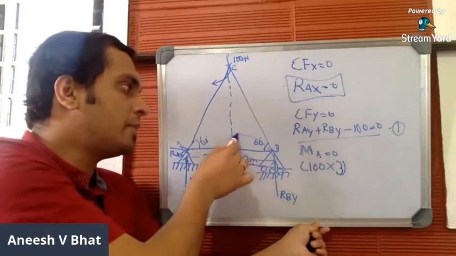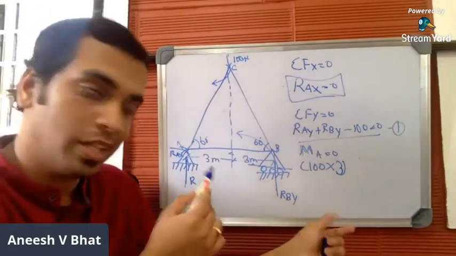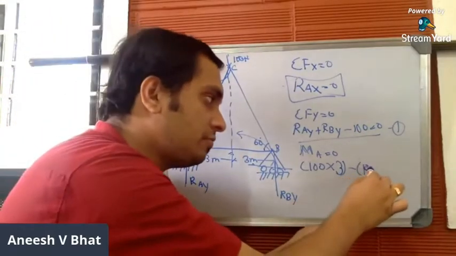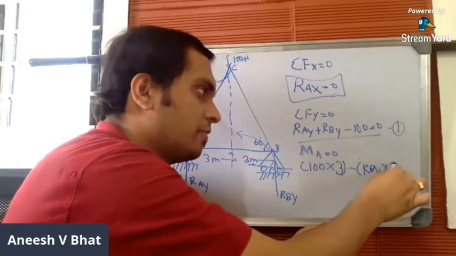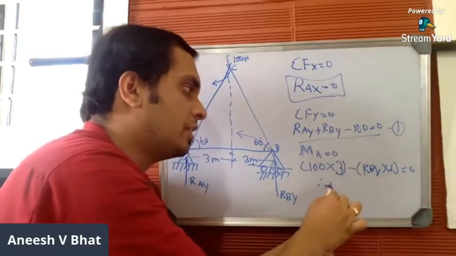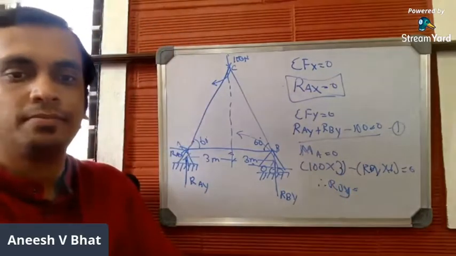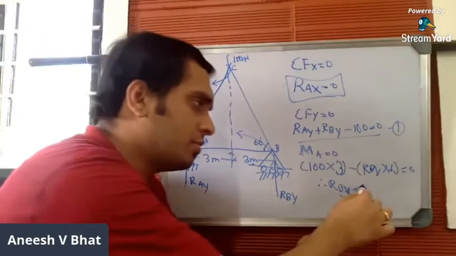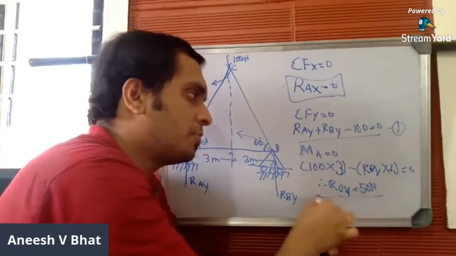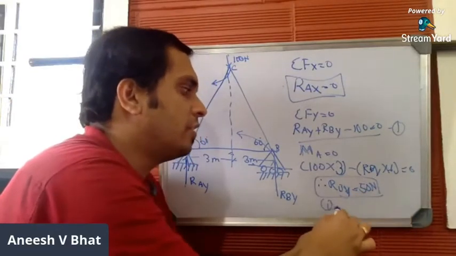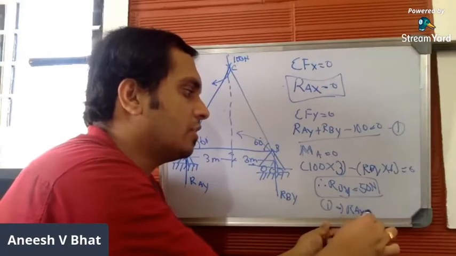RBY produces an anti-clockwise moment, so minus RBY into 6 is equal to 0. Therefore, you get RBY as 50 newtons. If you substitute this in equation 1, you'll get RAY as 50 newtons as well.